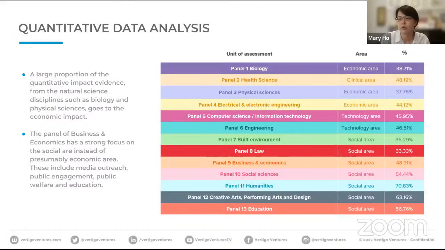So here are the results of the analysis for this research question. It is interesting to see that for the natural science disciplines, such as biology and physical sciences, a large portion of the quantitative impact evidence goes to the economic aspects.